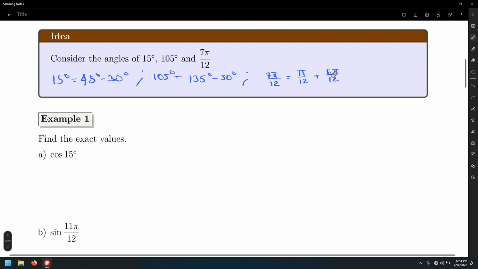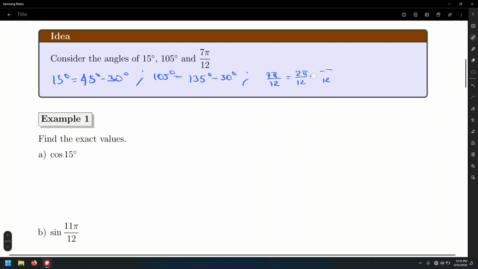What we're looking for is a pair of angles that are pi over 3s, pi over 6s, or pi over 4s, or their multiples. This is a little tricky, so we need to explore many different ways. Another way I could think of: let's do 2 pi over 12 plus 5 pi over 12. 2 pi over 12 is pi over 6, which works, but not 5 pi over 12.